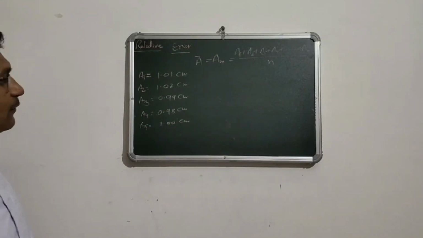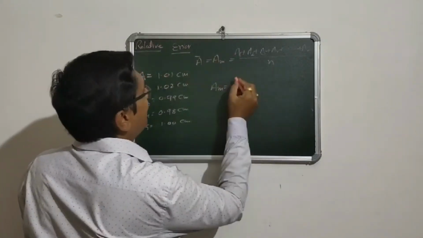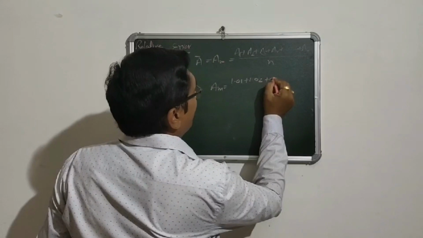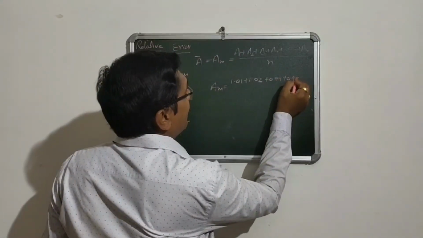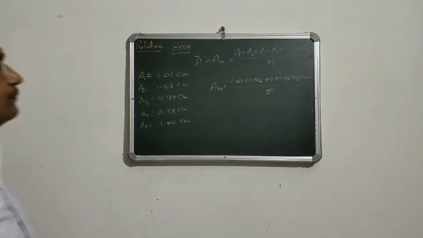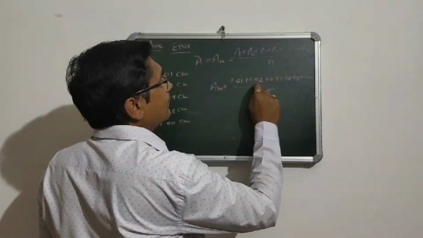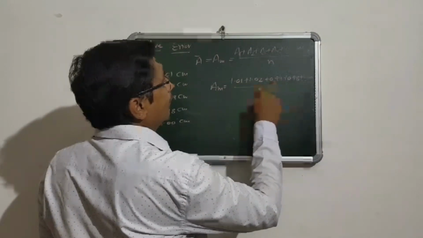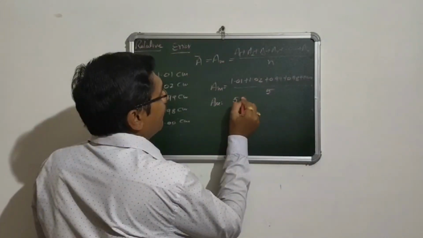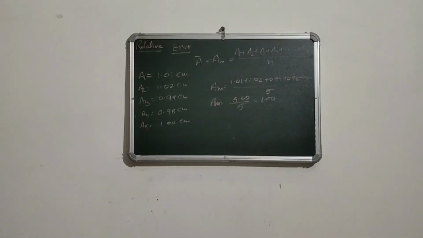These are the observations of different values. So we can find the mean value. Mean value of A is 1.01 plus 1.02 plus 0.99 plus 0.98 plus 1.00 by 5, which is 5.00 by 5, equal to 1.00. This is the mean value.